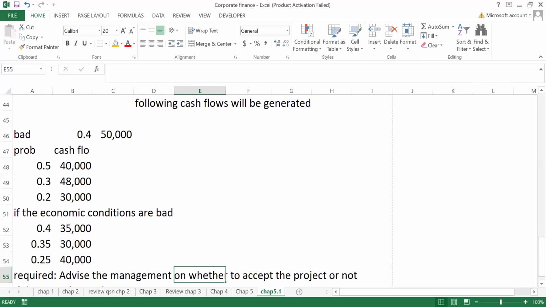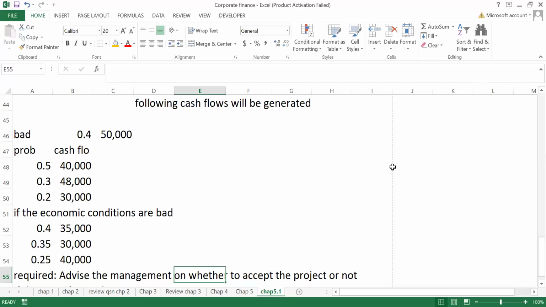It means in the second year, there are chances that the economy can be good, average, or poor. And how about the down one, if the economic condition is bad? It has also three probabilities.